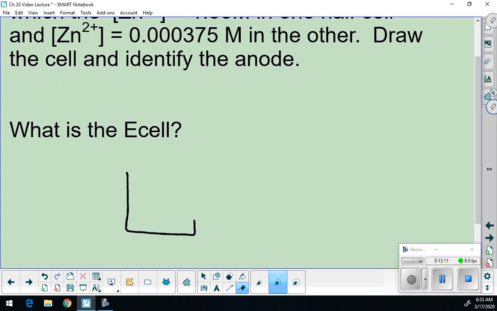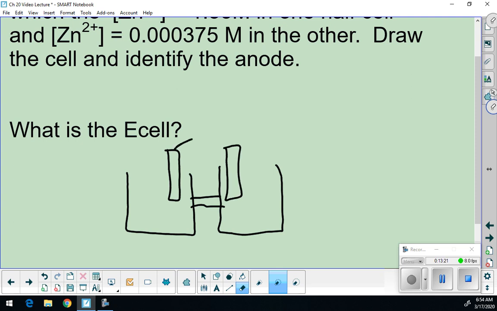So here's a cell, and bridge, salt bridge, cell. Let's put in some electrodes, right? Let's hook them up. These are both zinc, and let's put some zinc solution in here.